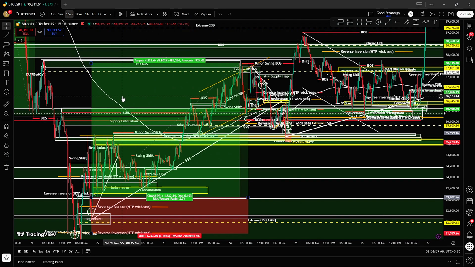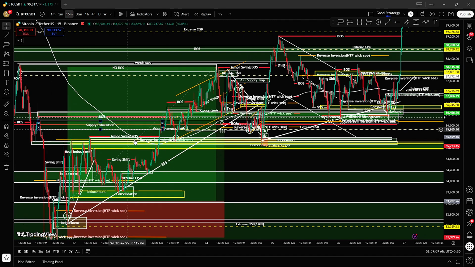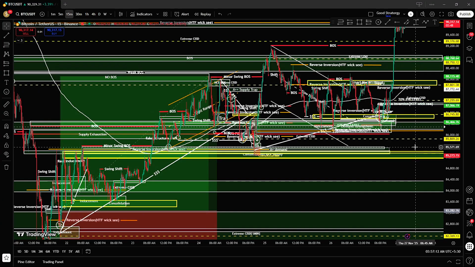Market structure shifts that happen at the discount zones are more genuine, having more worth to take the market upwards. So that's the first thing I had to be aware of, to make you as well as myself aware, so as not to get confused by this.